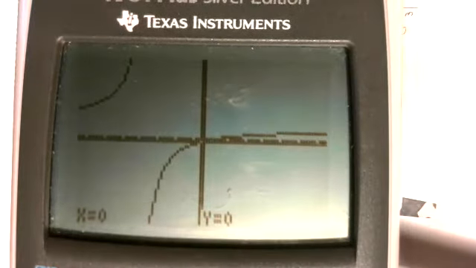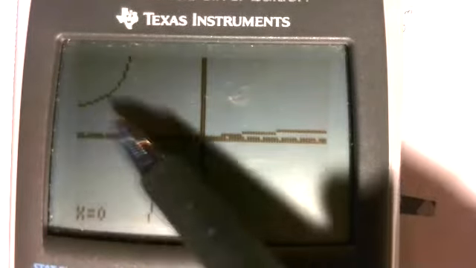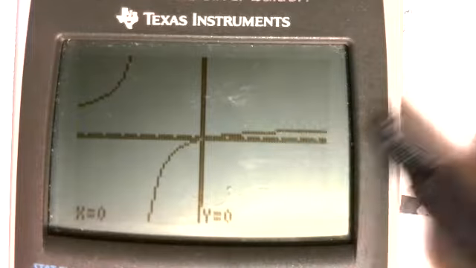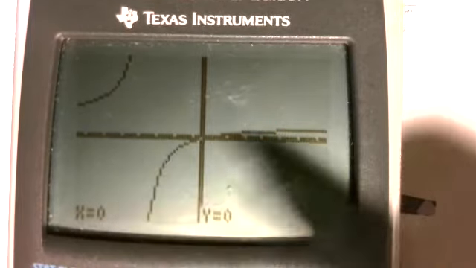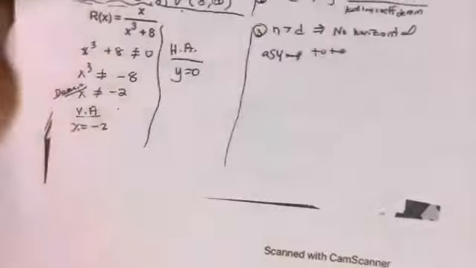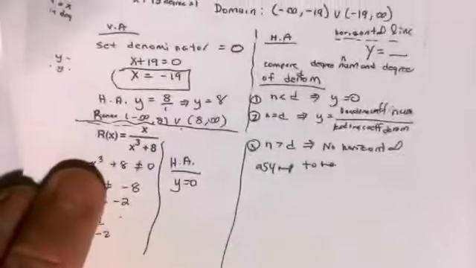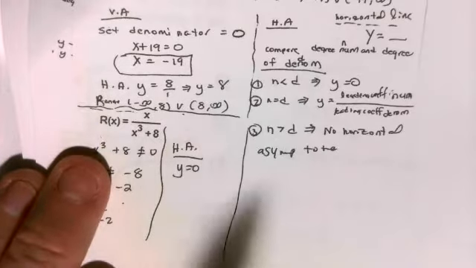The y value is going to keep going up, but it's going to come down towards this horizontal asymptote, but it's actually never going to get to the horizontal asymptote. So the range is going to be, I need to write that out, right here, from negative infinity to 8 union with 8 to infinity.